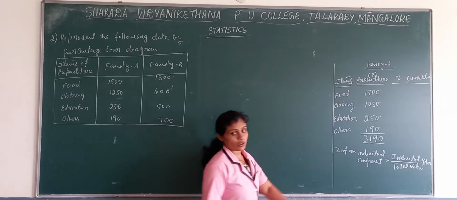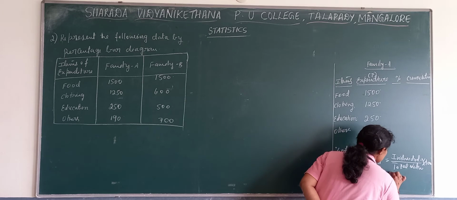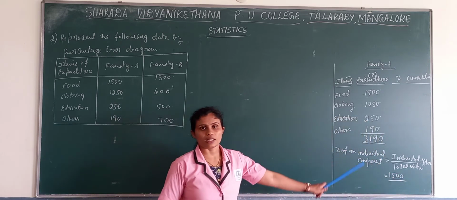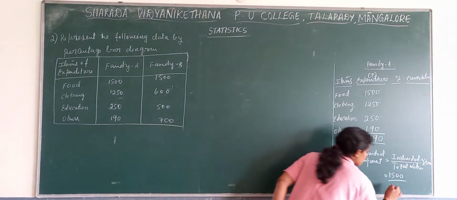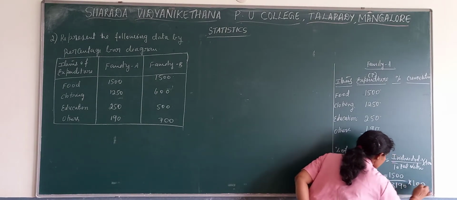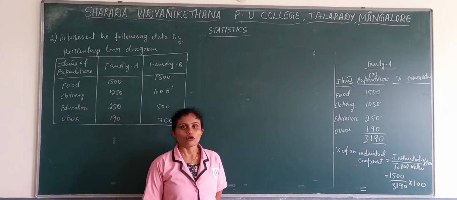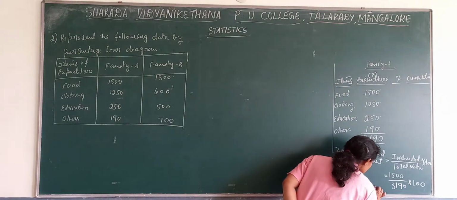Now take the first one, 1500 individual value. That is 1500 divided by the total, 3,190, into 100. So what do we get for the first one? We get 47.02.